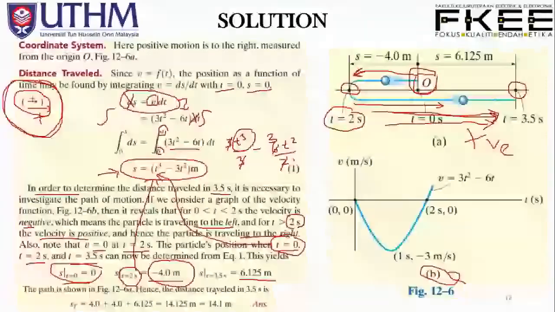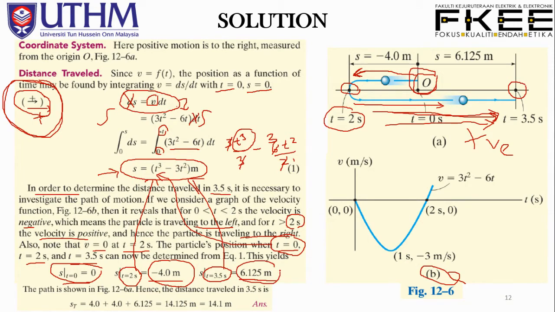Okay. And then finally at t equal to 3.5 seconds. So again into this equation, t is now 3.5, the second t also 3.5, so they give you positive 6.125 meters.